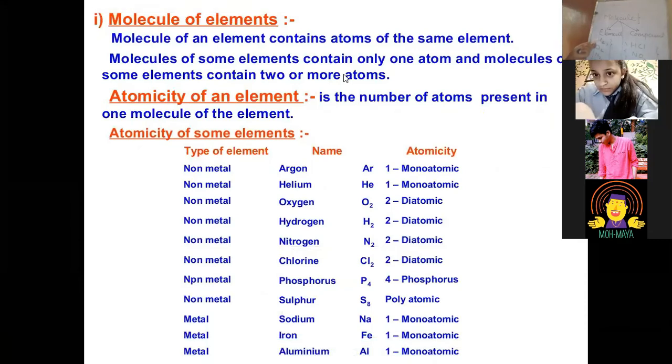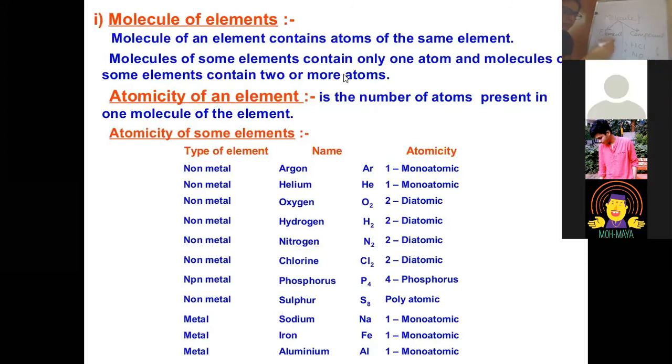If two atoms combine to form a molecule, they are called diatomic molecules. If three atoms combine, like O3, ozone, it is called a triatomic molecule.